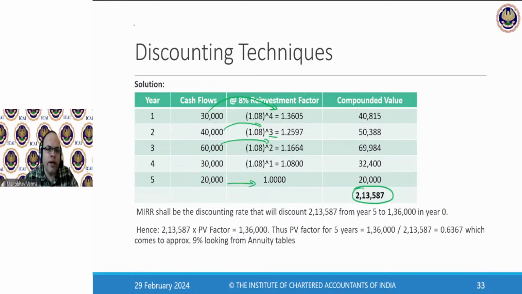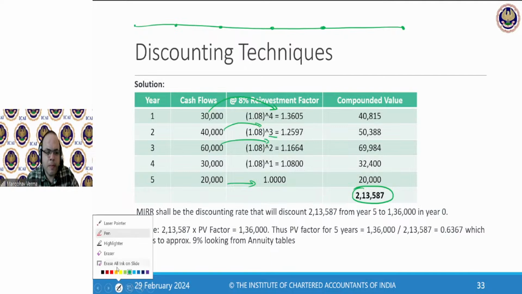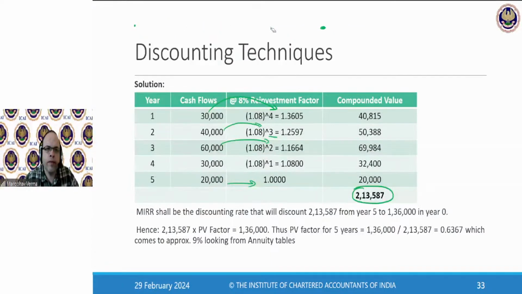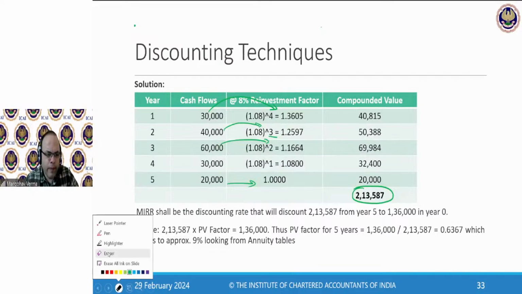If I want to draw a number line here, let me draw a number line so that you understand the context.